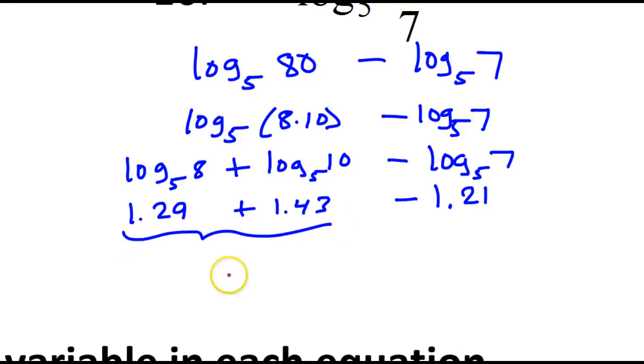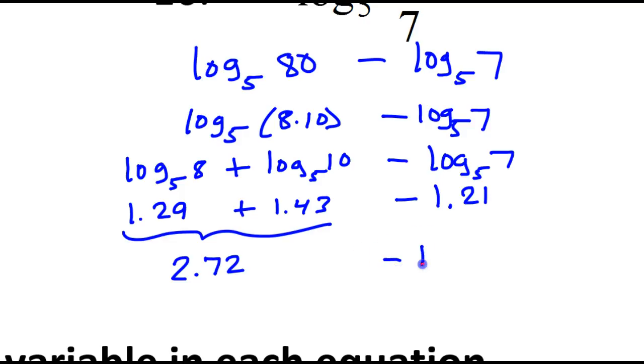I'm going to put this into my four-function calculator. Well, I'm going to pretend. In fact, maybe I'll just do this off camera because you know how to add. So 1.29 plus 1.43. You don't have to see me type that in. You get it because you're super smart. Add those up, you get 2.72.